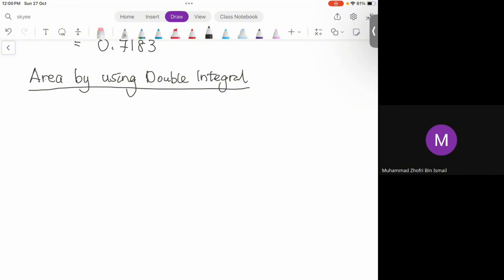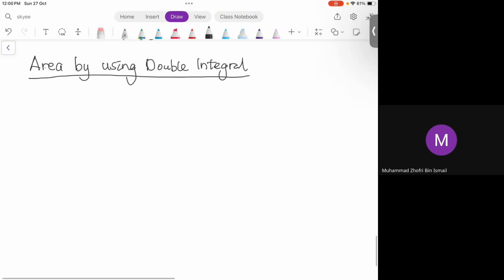Okay, so let me copy the question first. This is an example, so I will just copy here.